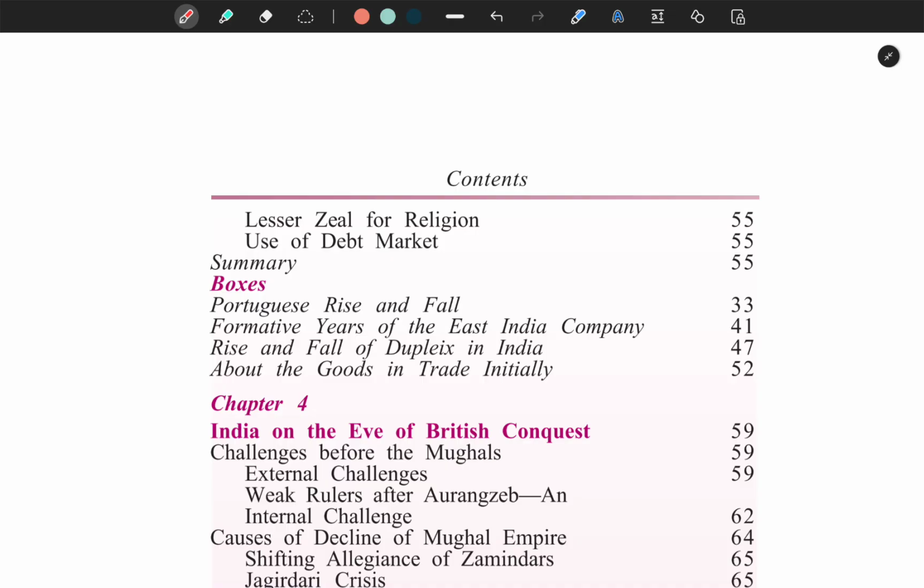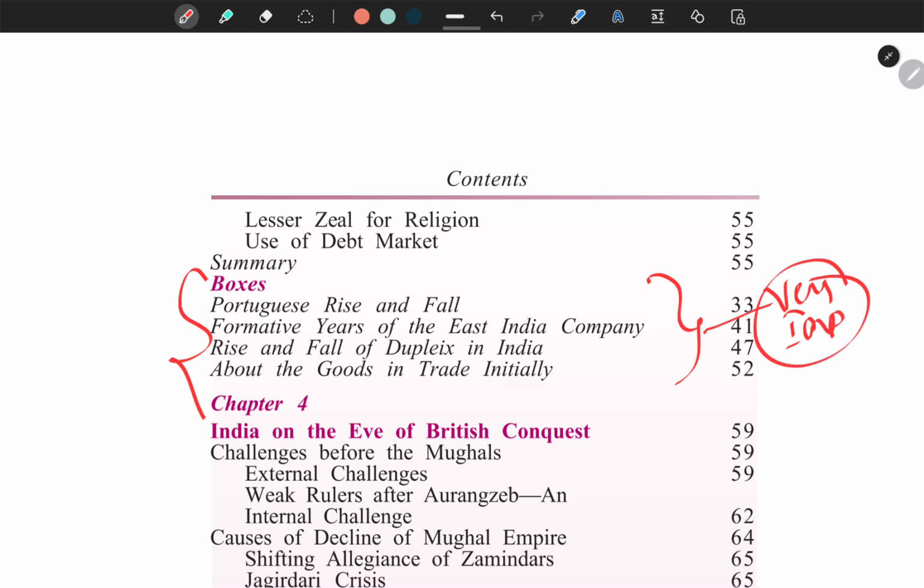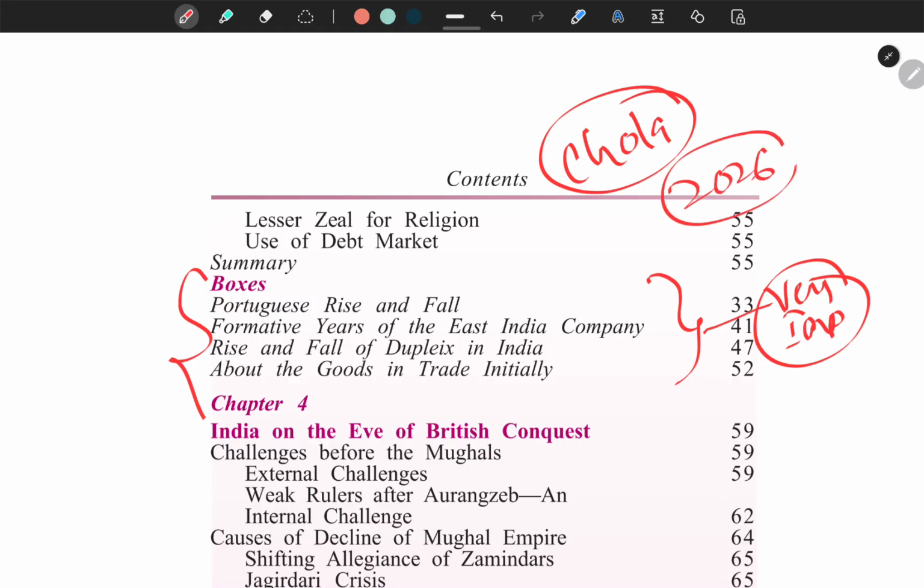Then we can go to the boxes in the Spectrum book. The boxes are very important. Again, you have to read from the point of UPSC, not from the point of the Spectrum book itself. For me, Cholas are important. If a question related to the Cholas comes in UPSC 2026, people come up with irrational logic. What is the logic?